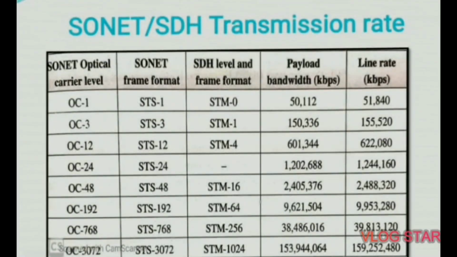So SONET commonly transmits data at a speed between 155 megabits per second and 2.5 gigabits per second. To build these high bandwidth data streams, SONET multiplexes together channels having bandwidth as low as 64 kilobits per second into data frames sent at fixed intervals.